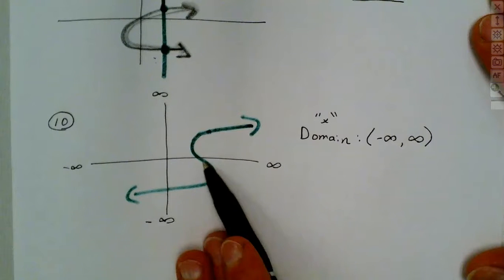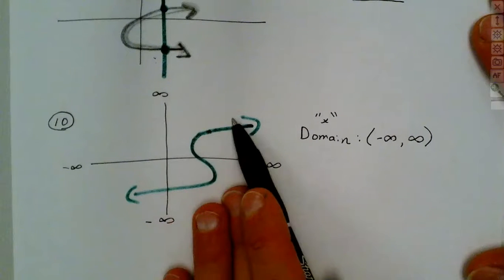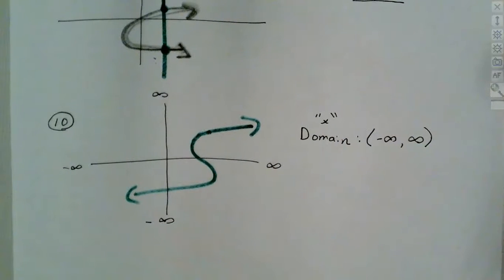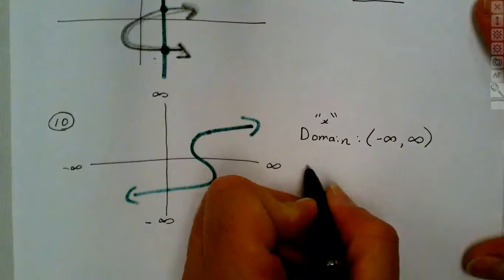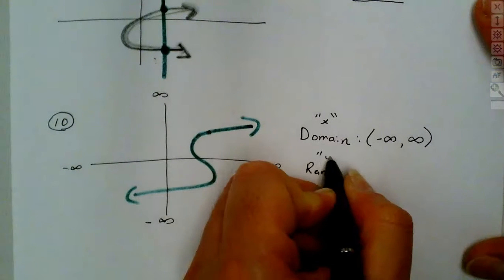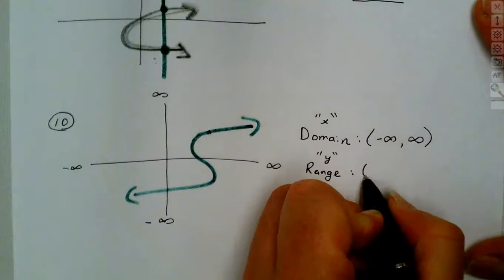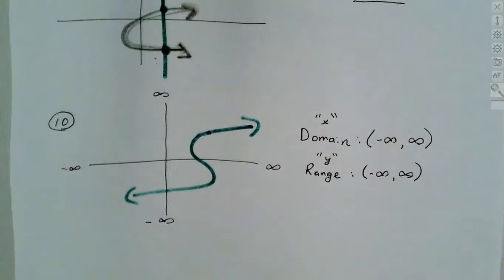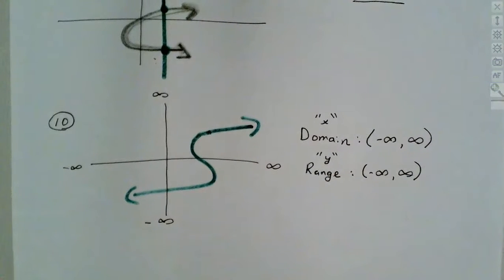What about the other way? If we go to the right, it's going up. So it goes all the way up and all the way down. So my range, which is the y component, would also be negative to positive infinity. Does that make sense on that?